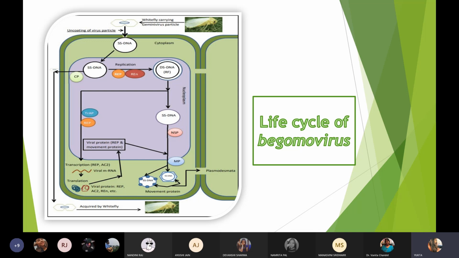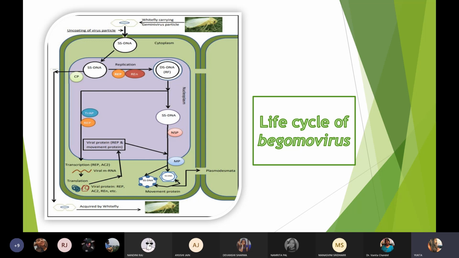Then this protein checks the virus transport through the intestinal wall of the whitefly, as Ayushi mentioned, into the hemocoel, where the coat protein binds with the molecular chaperone produced by endosymbiont bacteria to form a complex, which is known as the CP-GroEL complex. So this complex provides protection to the viral DNA from degradation inside the vector.